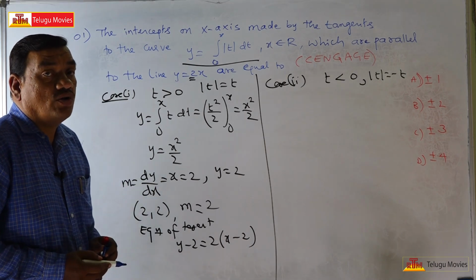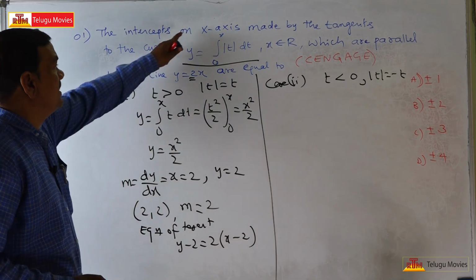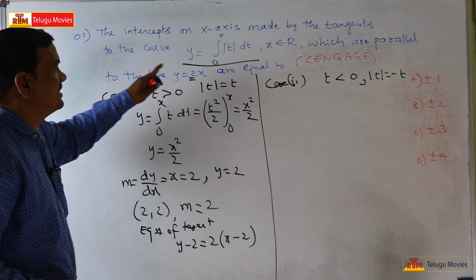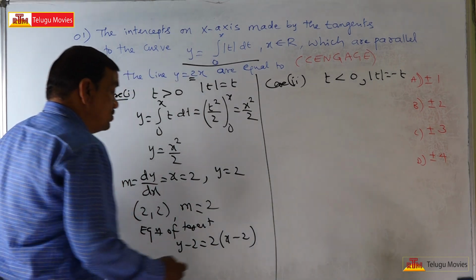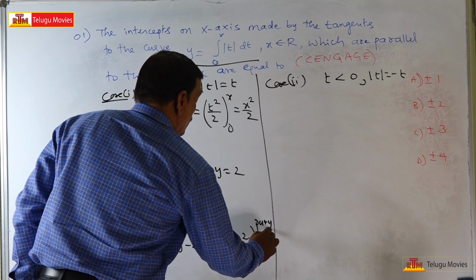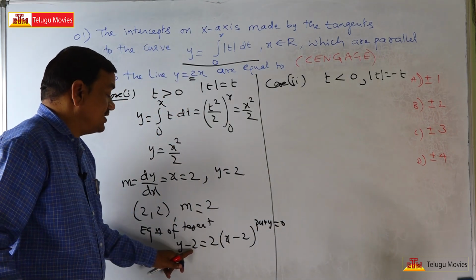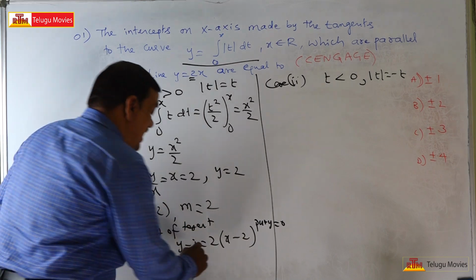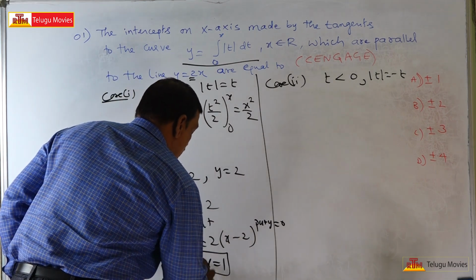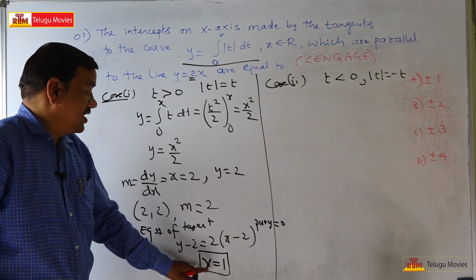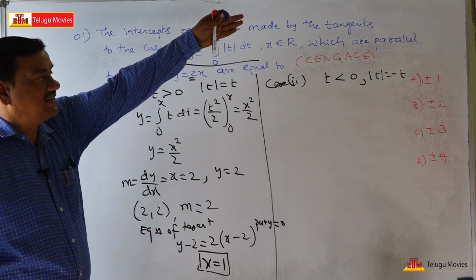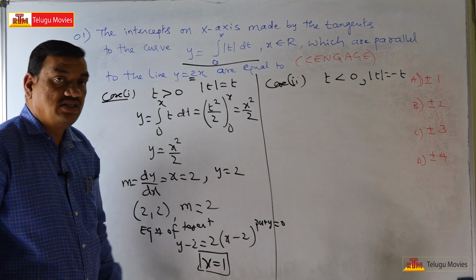If you want to find the x-intercept, just put y equals 0. Then minus 2 equals 2 into x minus 2, giving x equals 1. So this is your one x-intercept, x equals 1. The answer is plus or minus 1, and the x-intercept we got is 1.